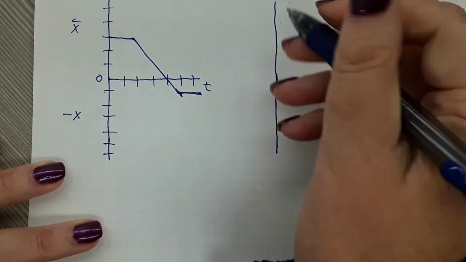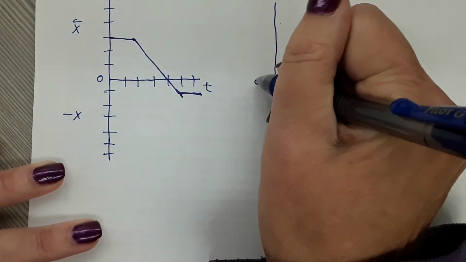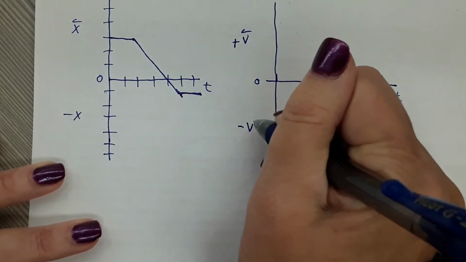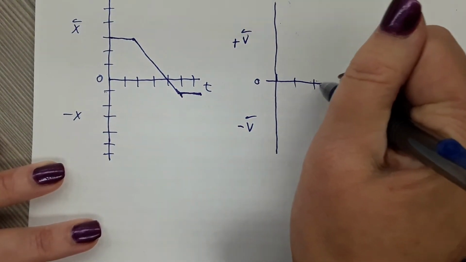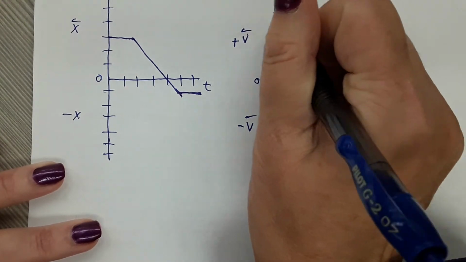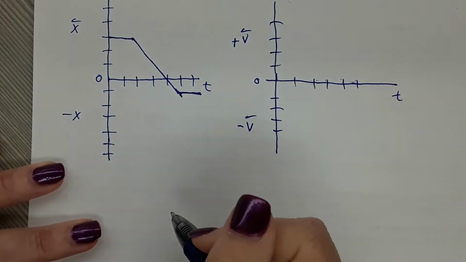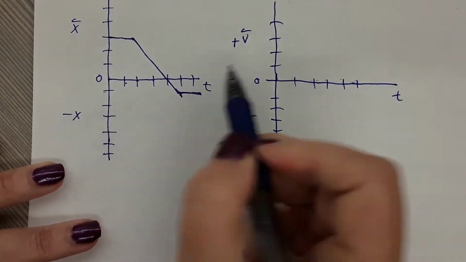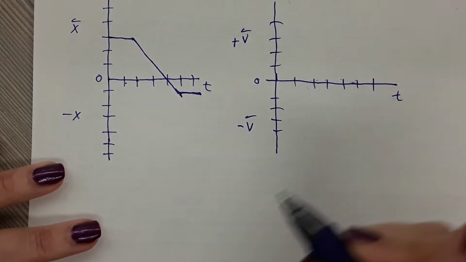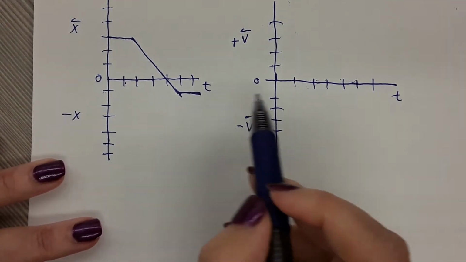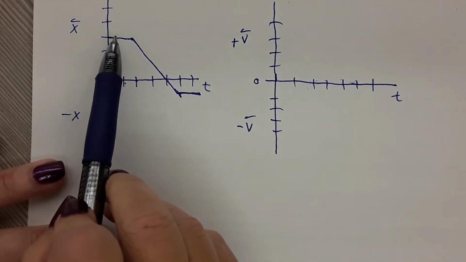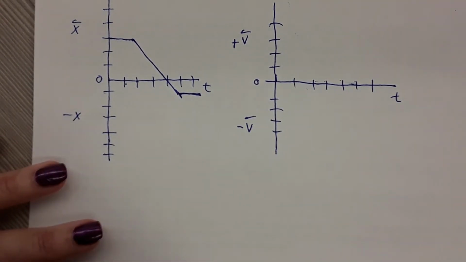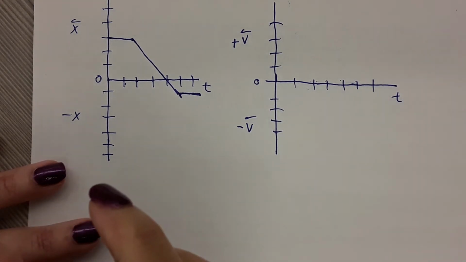Let's take a look. Here's positive velocities, here's negative velocities. Okay, for the same time periods, 1, 2, 3, 4, 5, 6, you want to plot what's happening here on here, but you have to take it a section at a time.